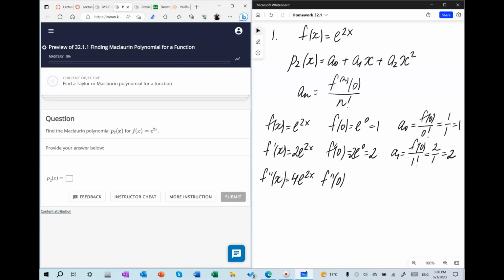The second derivative at 0 is 4e to the 0, which is 4. And a2 is equal to the second derivative at 0 divided by 2 factorial. So it's 4 divided by 2, which is also 2. And now putting it all together gives us the following polynomial.